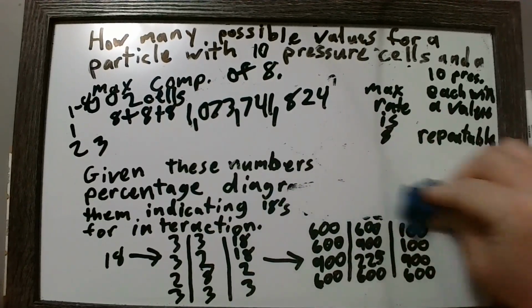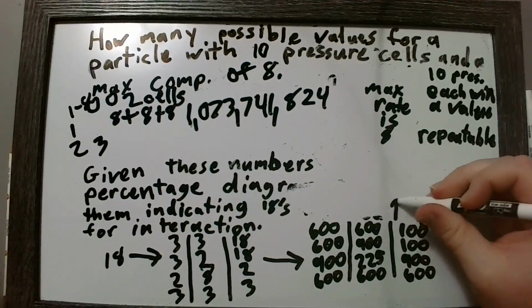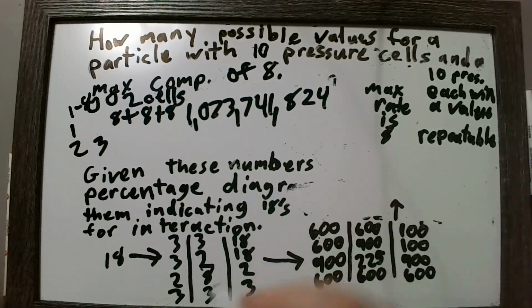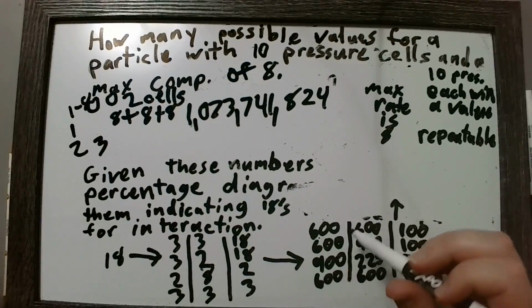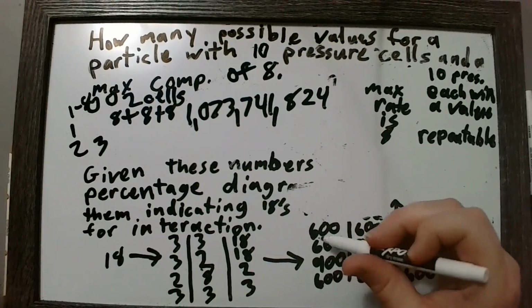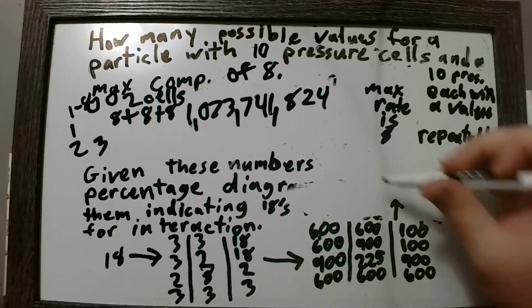Now, for the next step, we simply multiply these percentages by that value. Remember, these are percentages. This is not 600 times. This is 600% or 6, right? This is not 225. This is 2.25, okay?